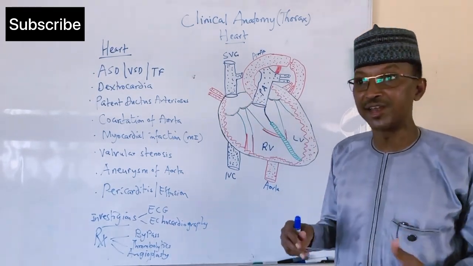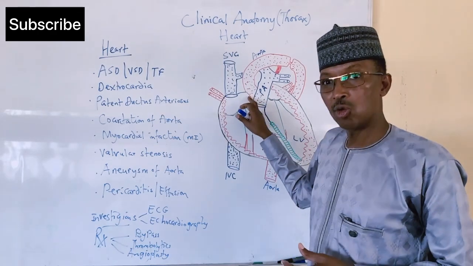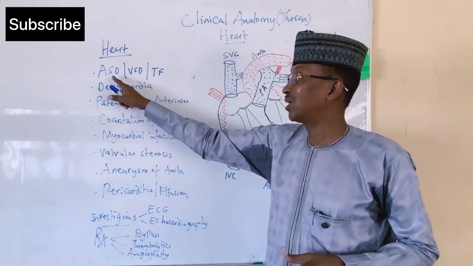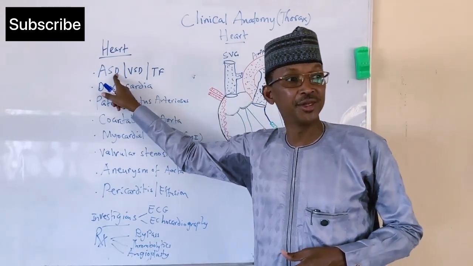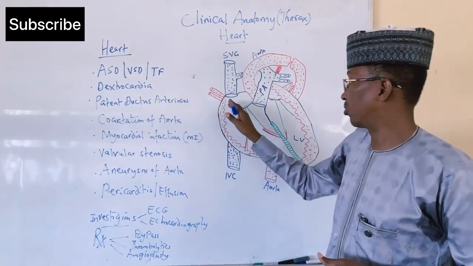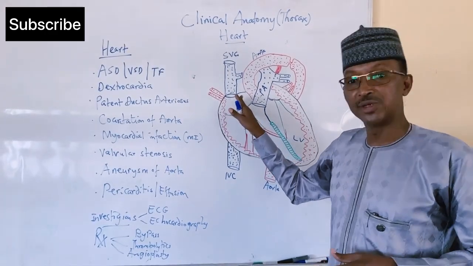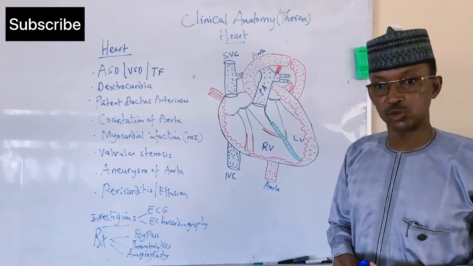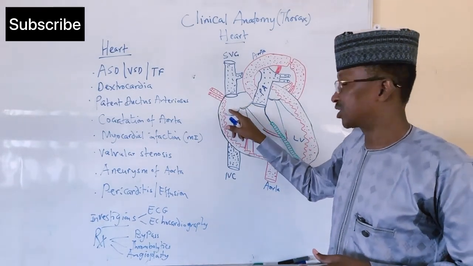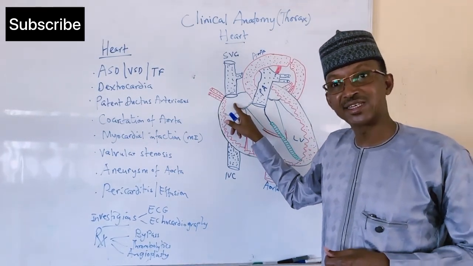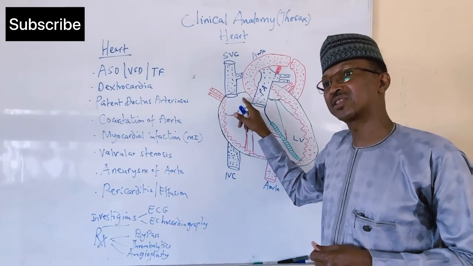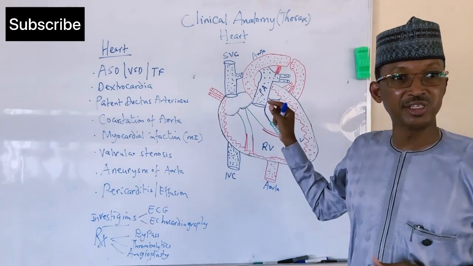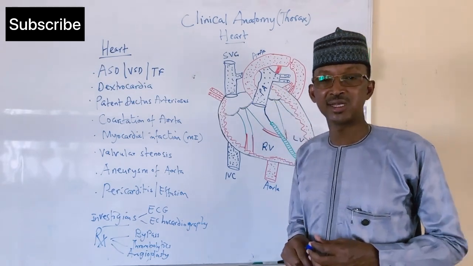So if that hole or foramen refuses to close, that is what we call atrial septal defect. So there will still be communication between the right atrium and the left atrium. That means deoxygenated blood in the right atrium will be mixing with the oxygenated blood from the left atrium.